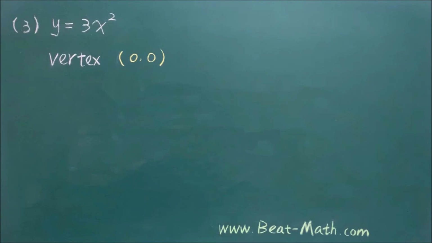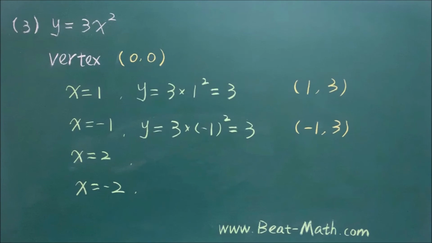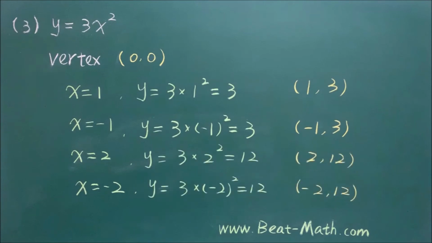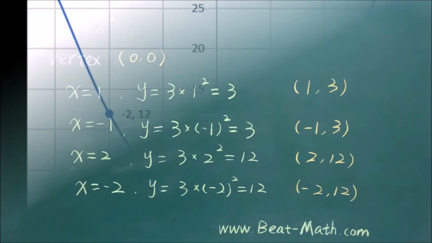For example, x equals 1, negative 1, 2, and negative 2. When x equals 1 and negative 1, we get y equals 3. When x equals 2 and negative 2, we get y equals 12. So now we just got 5 points easily. The next step is to graph the function.